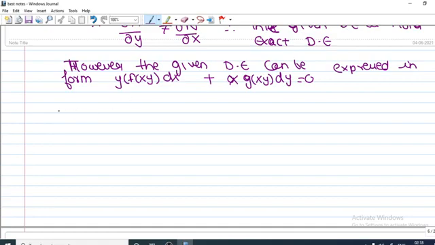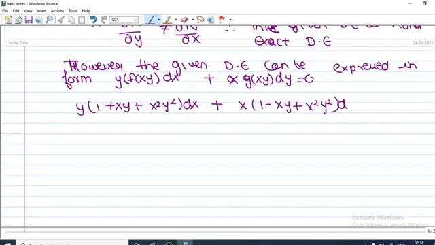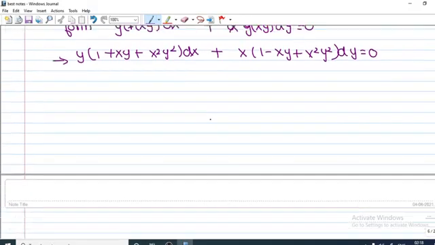Let's write the equation, which is y into 1 plus xy plus x square y square into dx plus x into 1 minus xy plus x square y square into dy should be equal to 0. After doing this, you can clearly make out we would have told the examiner that we can express it in this form. Now what is the next job?